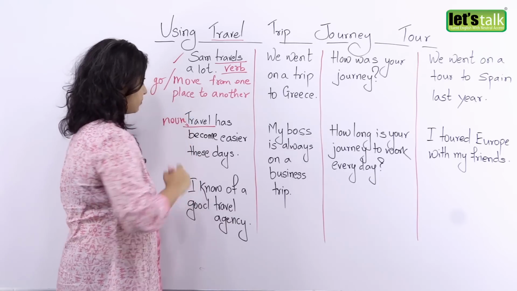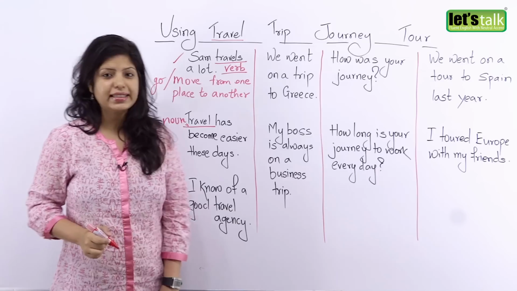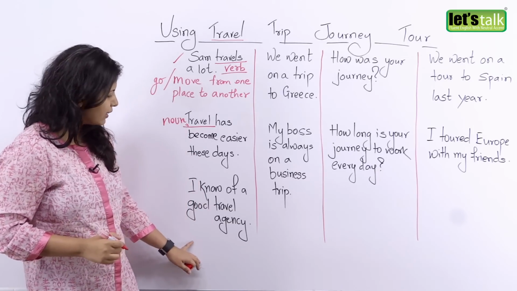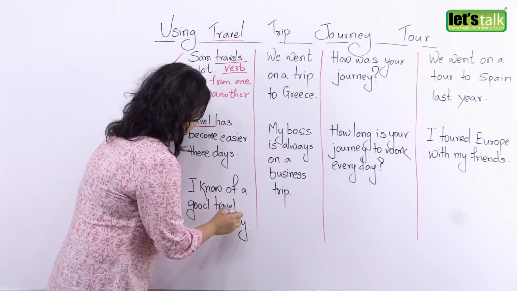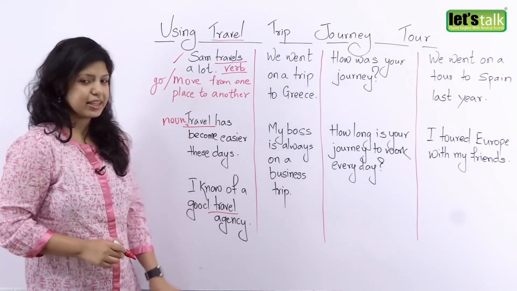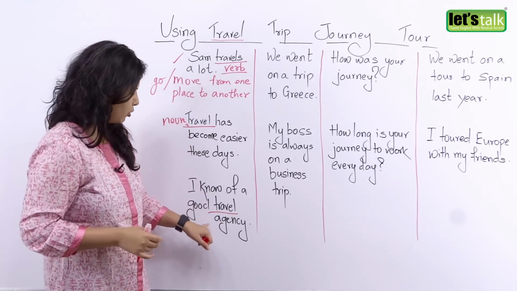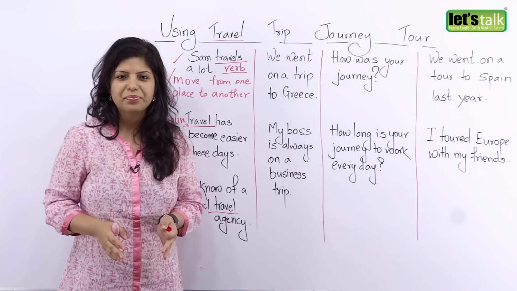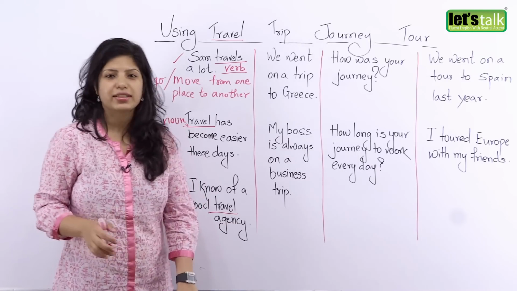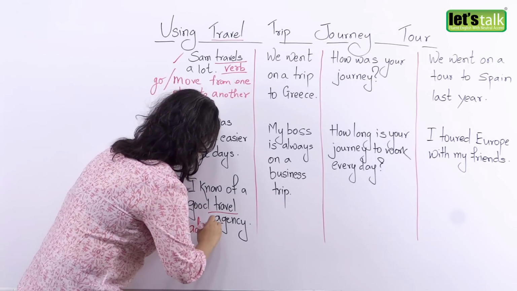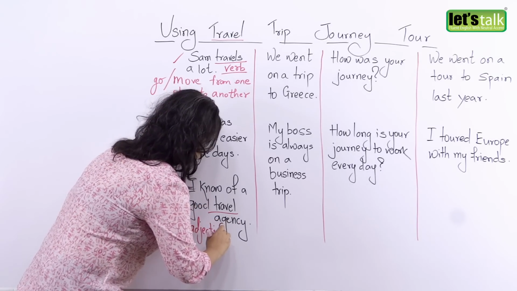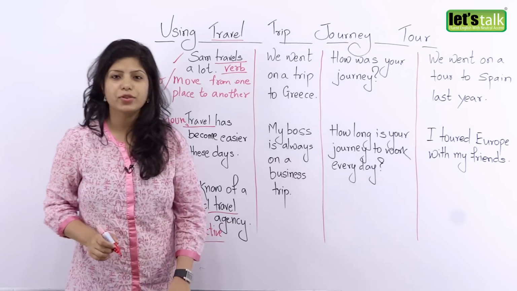All right? And then the third sentence. I know of a good travel agency. Okay. Can you tell me what does travel over here represent? Well, it shows an adjective. So travel is used as an adjective. You may ask why.